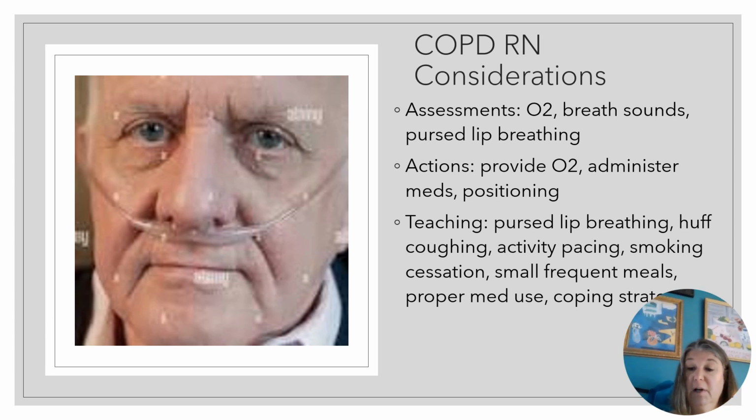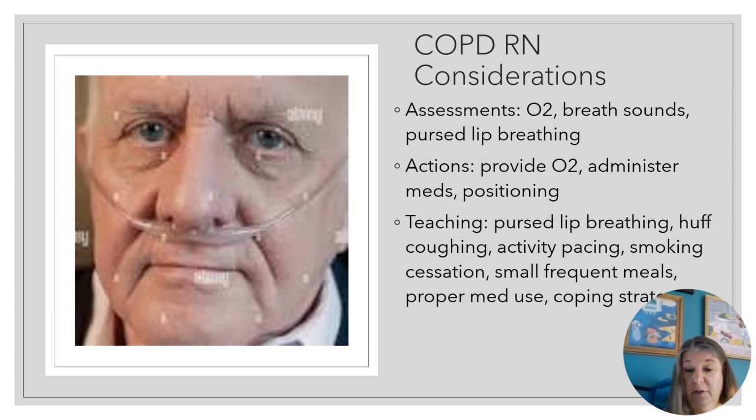If we throw too much oxygen at these people, the current thinking is that they use a hypoxic drive to breathe, for the brain to tell them when to take a breath. And the hypoxic drive is driven by the buildup of CO2. All right. So if we go and throw a bunch of O2 at this person, the lungs aren't necessarily going to be able to use it because we have CO2 sitting on those little markers there.